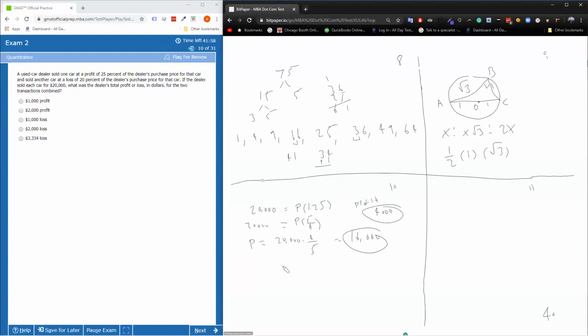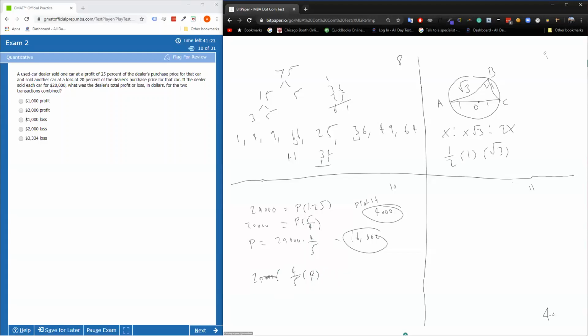For the loss, a loss of 20%. That means he bought it for 20% more than what he sold it for. I should say 4/5 times what he purchased it.